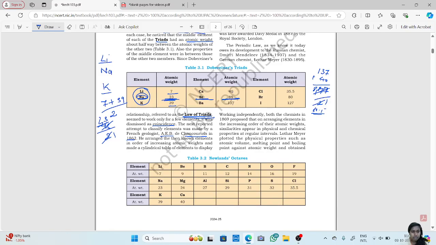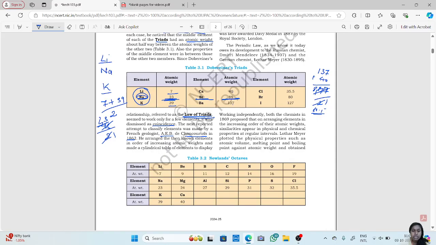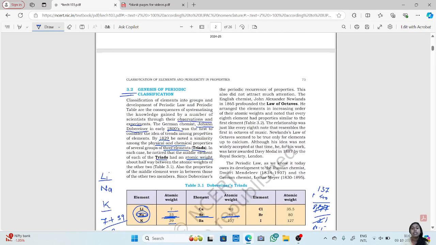In 1862, he arranged the known elements in order of increasing atomic weights and made a cylindrical table of elements to display the periodic recurrence of properties.